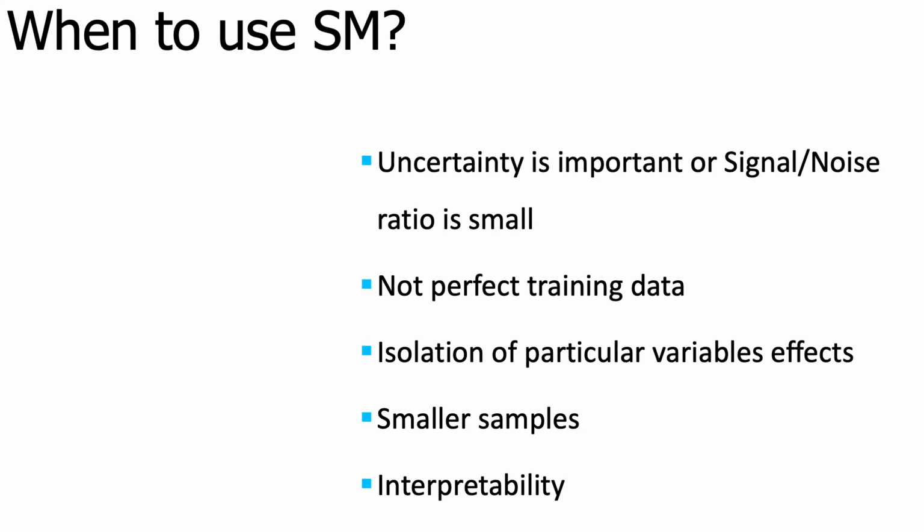Okay, so we use statistical models when uncertainty is important or when the signal to noise ratio is low, so there is a lot of disturbance in what we are collecting. It might be unreliability, like in surveys. There might be biological measurements with large variance.